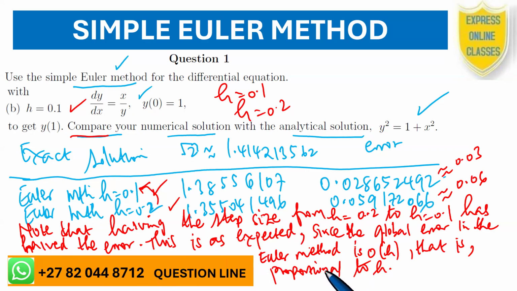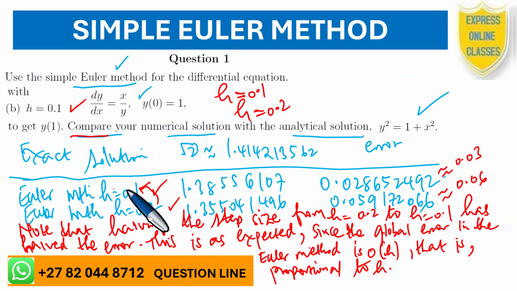So we are saying that halving the step size from 0.2 to 0.1 has had the effect of halving the error. And when the error is halved, it is evident which step size is more accurate then.